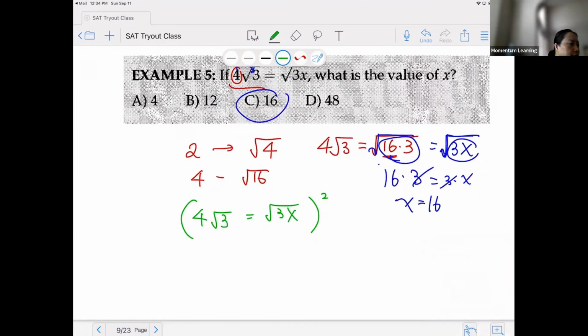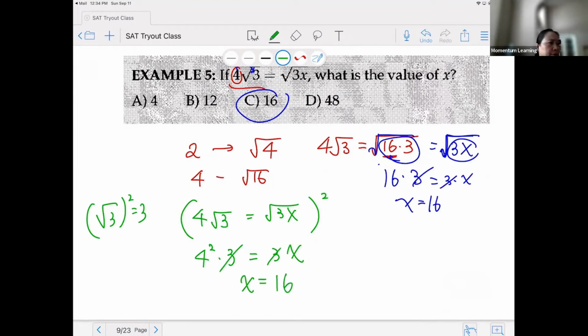So I have 4 squared times the 3, right? √3, if you square, that's just the 3. And when you have √3x squared, it's just the 3x. Then it's easier to solve. 3 and 3 cancel, x equals 4 squared, which is 16. So if you square both sides, you will have this answer. So this is method 2.